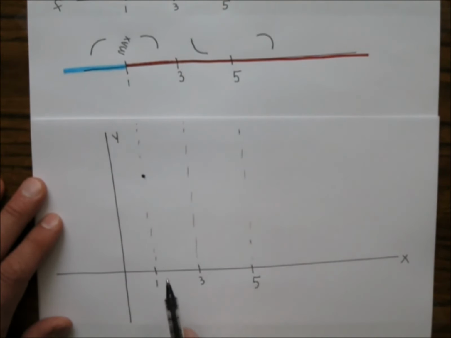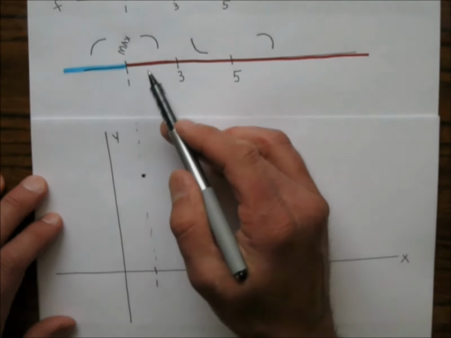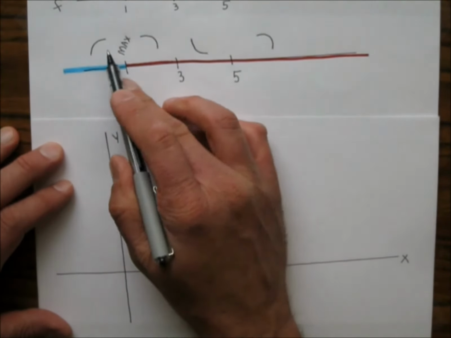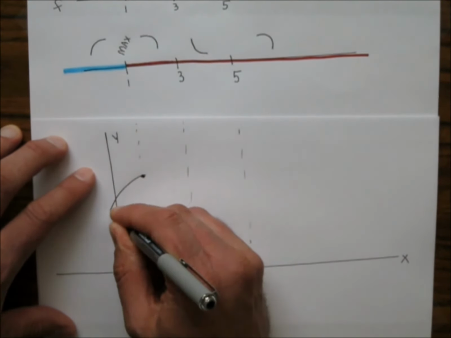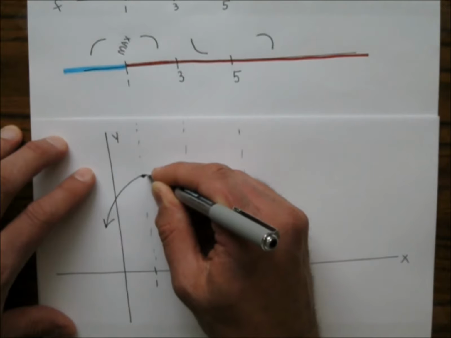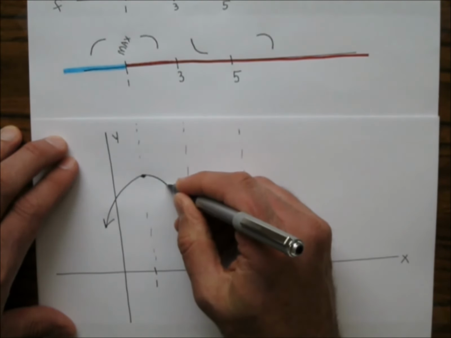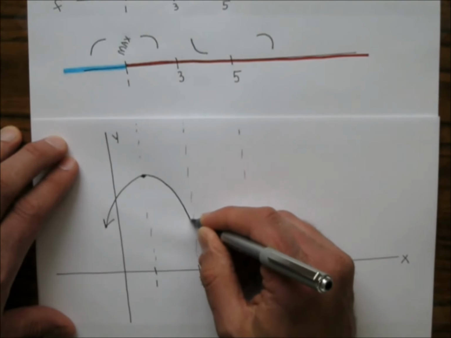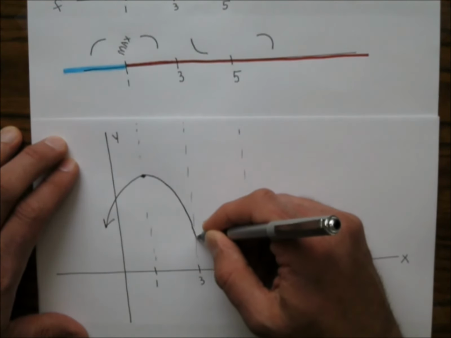This is going to be concave down on both sides of this. So this is going to be concave down that way and concave down. Now, look what I have to do at 3. I have to change its concavity. So that means I'm going to change it between 3 and 5 to concave up.